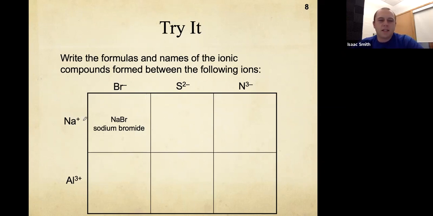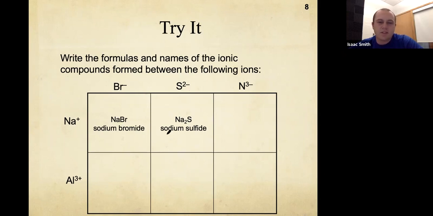All right, for the next one, we have sodium with a + charge and sulfur with a -2 charge. That means we're going to need 2 sodiums for every 1 sulfur, right? 2 positive charges because we have a -2 charge on the sulfur. So we'll write the subscript 2 right after the sodium, which indicates there's 2 sodiums for every 1 sulfur.